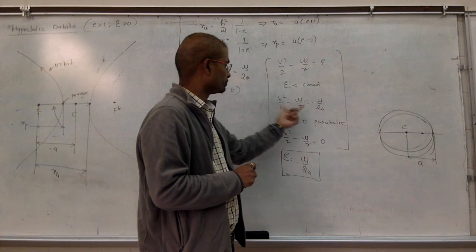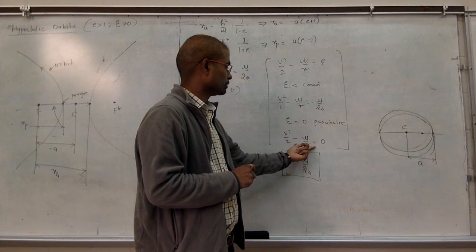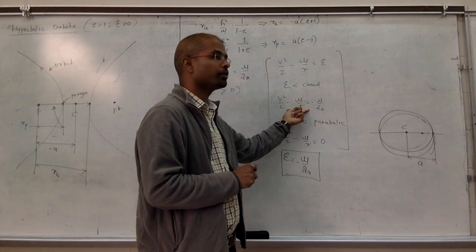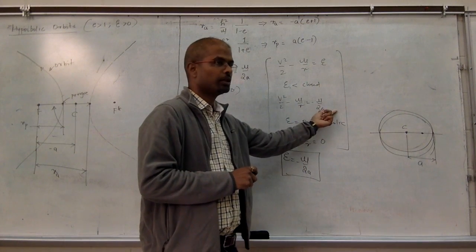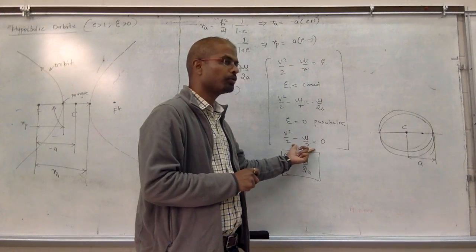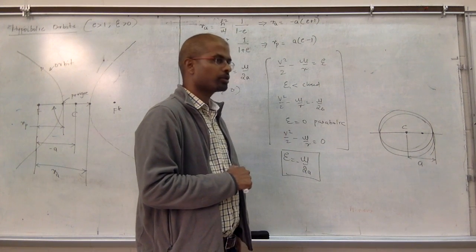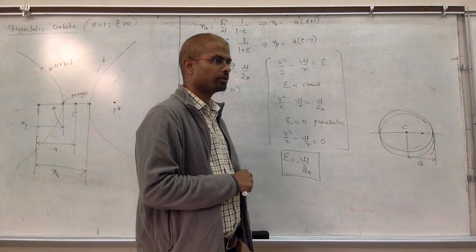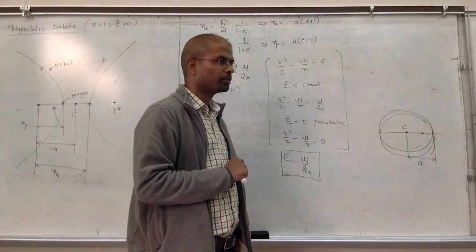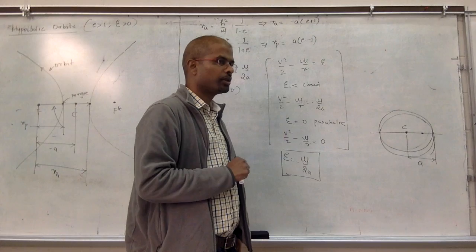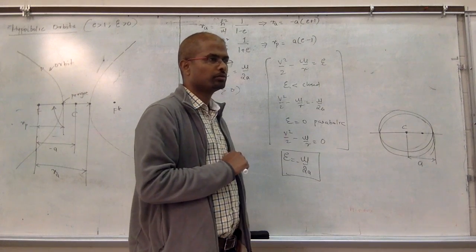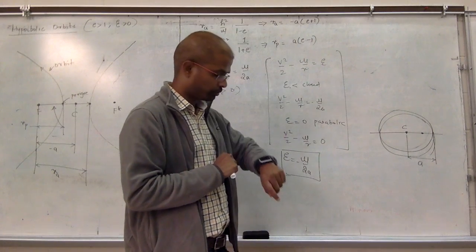You don't necessarily need to solve unless you're given a. Here we're trying to prove that if you are in a circular orbit and you increase the velocity by 41%, you will escape the gravitation. That's what we were trying to do.